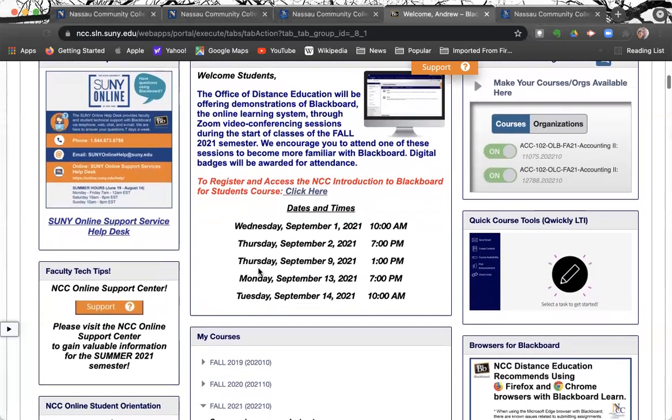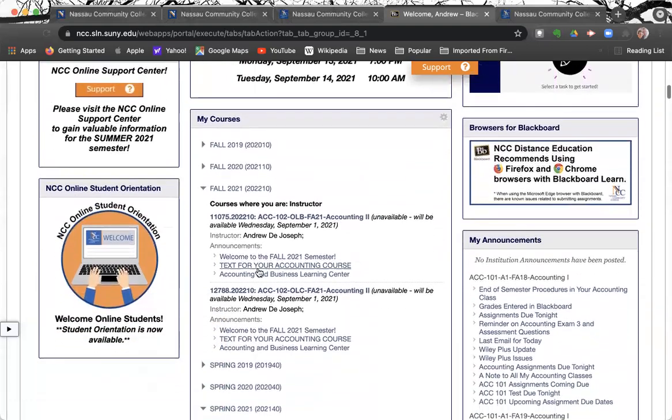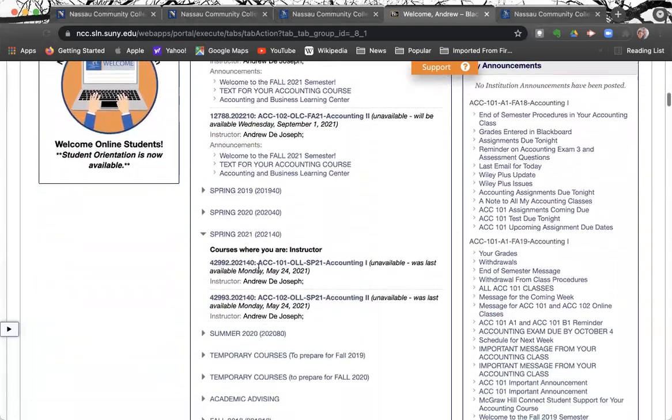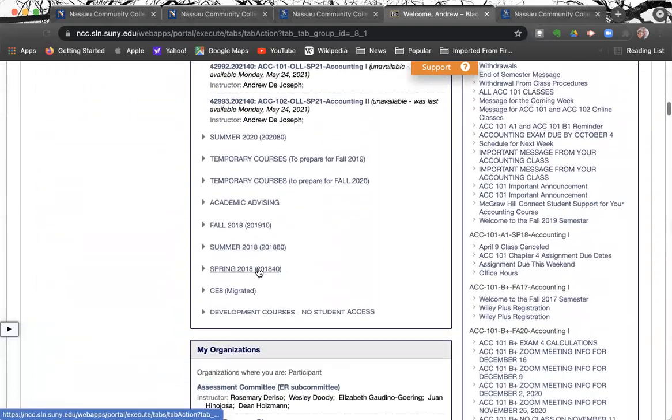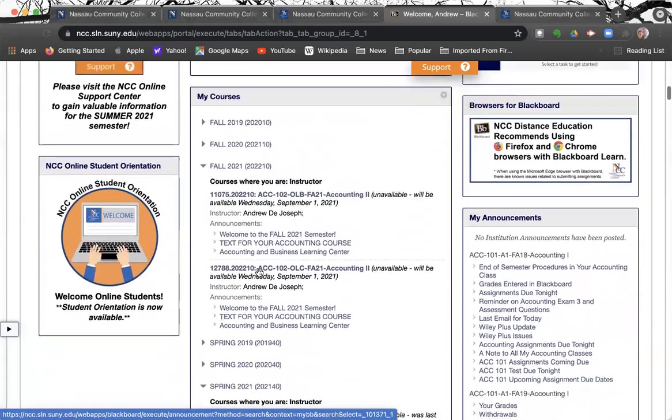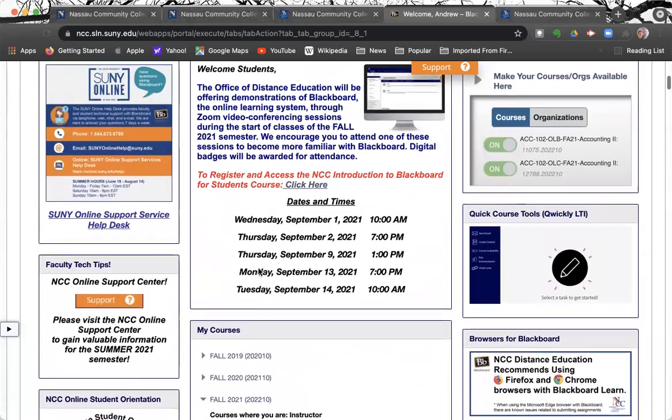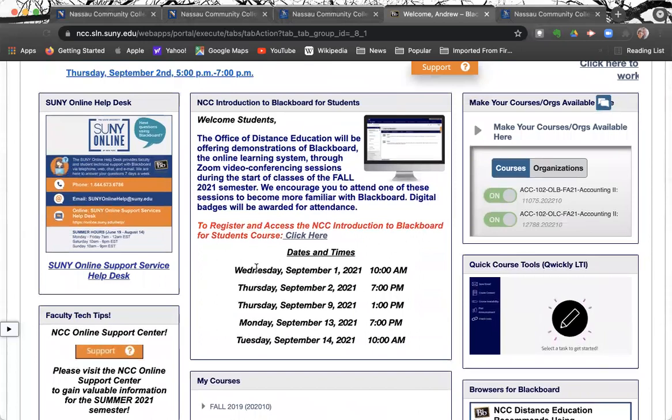Another thing I want to point out is if you ever have Blackboard problems, here's information on the SUNY Support Service Help Desk. You see it over here.